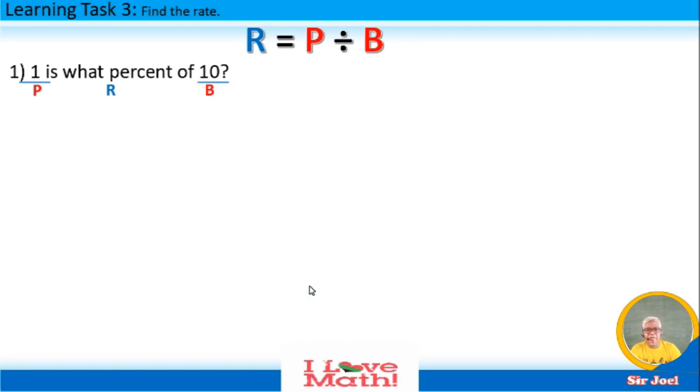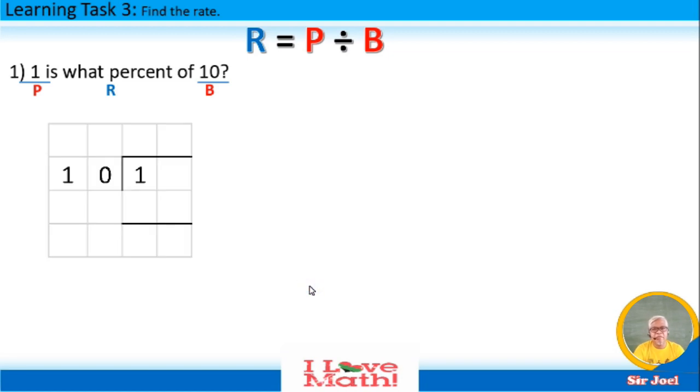Dahil ang rate ay percentage divided by the base, well, ang ating magiging pattern ay the 1 divided by 10. Can be or cannot be? Of course, cannot be. So, put a decimal point, then add 0. It is now 10 divided by 10. The answer is 1. 1 times 10, 10.